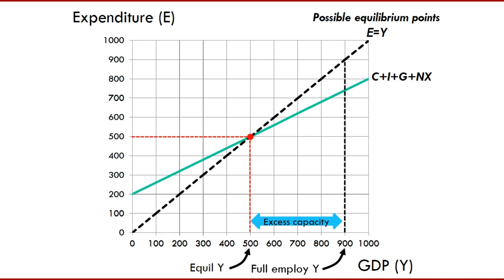So it has unutilized capacity, unemployed workers and factories and land, presumably. And in that case, we've got a recessionary gap. That is, at the full employment level, there would be a gap between expenditure and output. How do we close that recessionary gap?